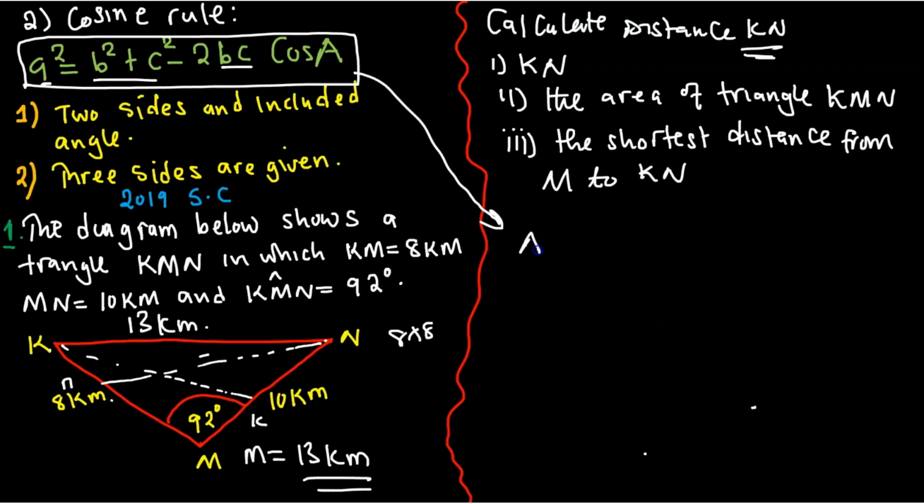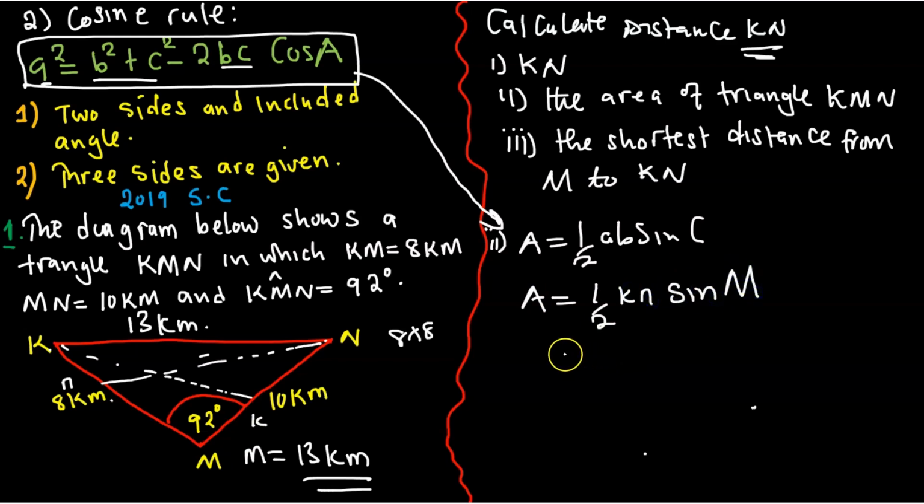Okay, what is the formula that we apply? So area, so we are answering the second question. So area is equals to half ab sine C. This is the general one. Now, in this situation that we are given, we say this C is an included angle, so it's M, and we are given K, N, and M. So we are going to have area is equals to half K, N, sine what?